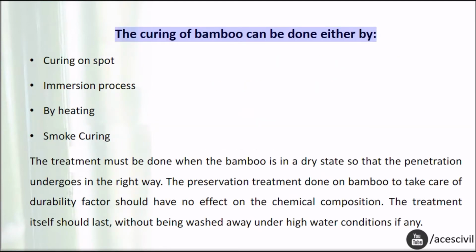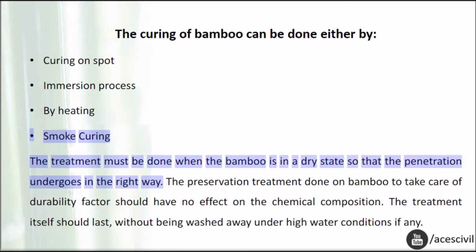The curing of bamboo can be done either by curing on spot, immersion process, by heating, or smoke curing. The treatment must be done when the bamboo is in a dry state so that the penetration undergoes in the right way.